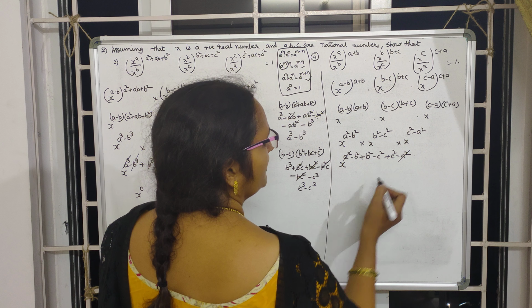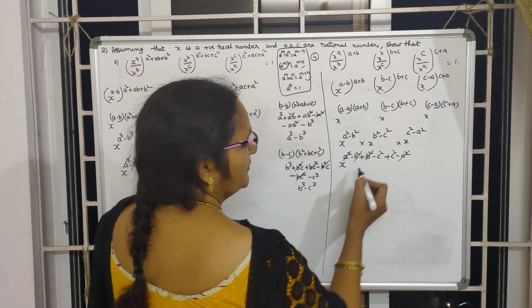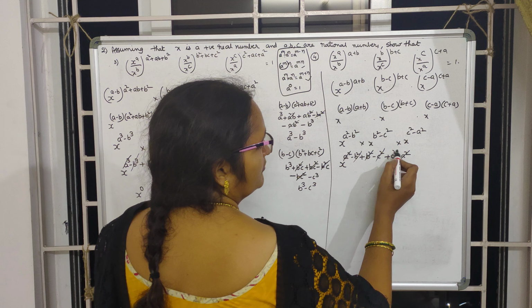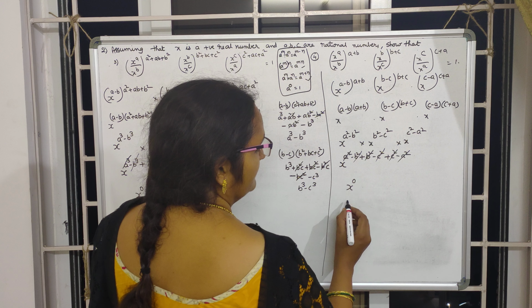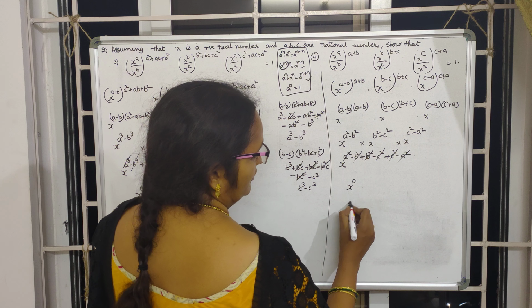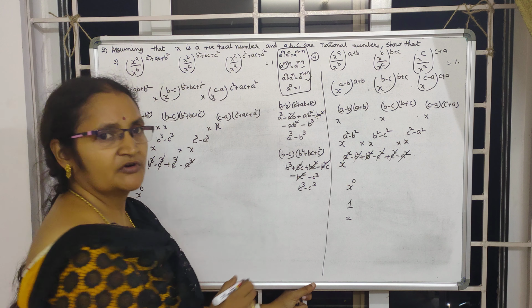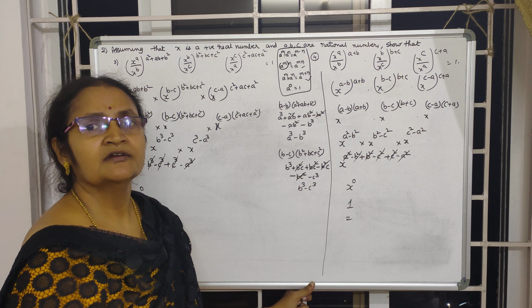So plus a² minus a² gets cancelled, minus b² plus b² gets cancelled, minus c² plus c² gets cancelled. This is nothing but x to the power 0, its value is 1. That's what we're supposed to prove. Clear? Thank you.